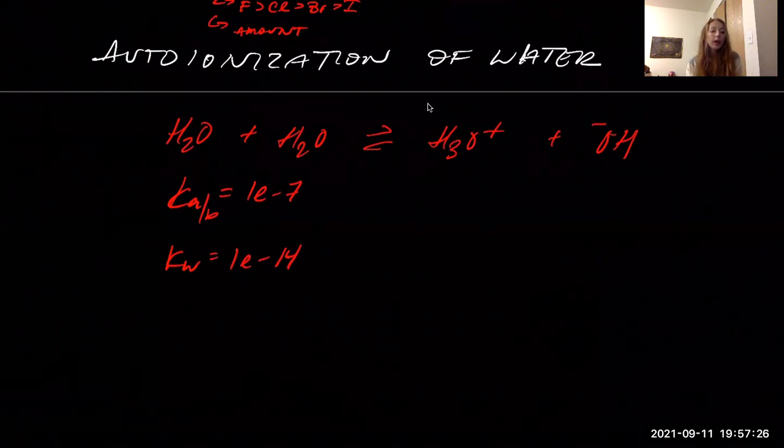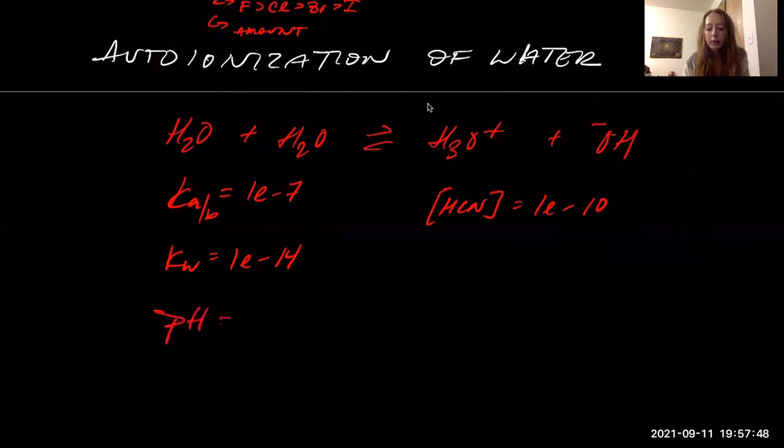If we have an acid or base come in, let's say HCN, and the concentration is 1e negative 10. Okay. That is too low for it to even change. So the pH of water at its neutral state with the ionization going on is 7. Okay.